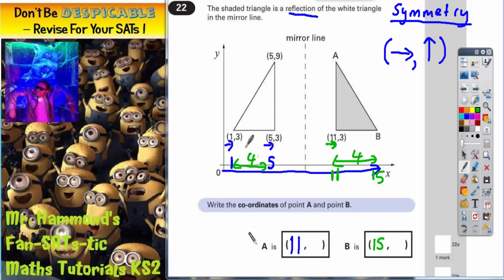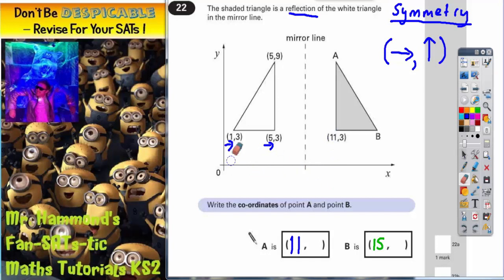Just to go through that again, this corner is 1 along and this corner is 5 along, so that's a gap of 4. So if this corner is 11 along and it's symmetrical because it's a reflection, we must also have a gap of 4. So 4 further along than 11 would be 15, so this number has to be 15. Okay, now let's just rub that out so we don't get confused.